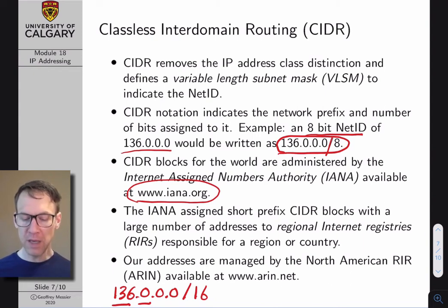Now, this is a big job, so the IANA often assigns chunks of address space to what are known as regional internet registries, which are responsible for a region or country.